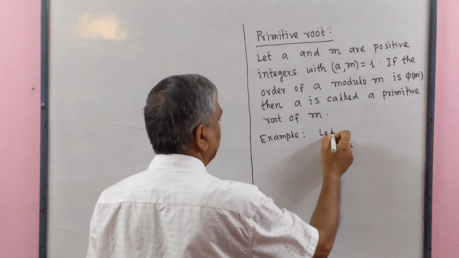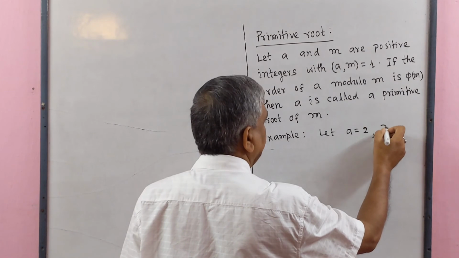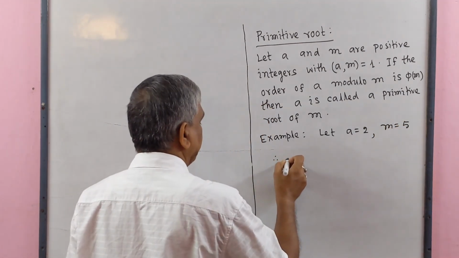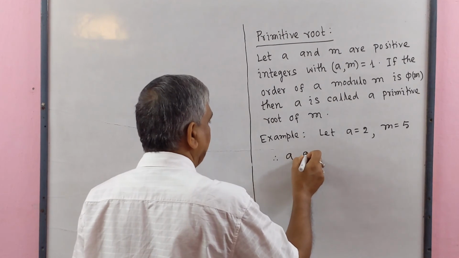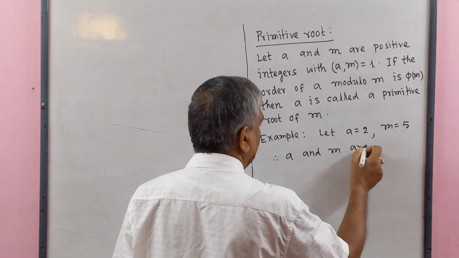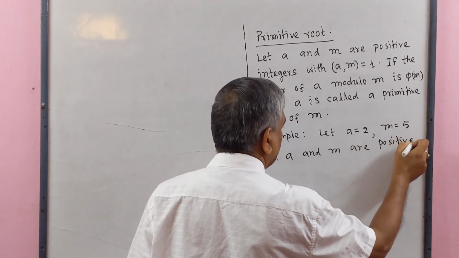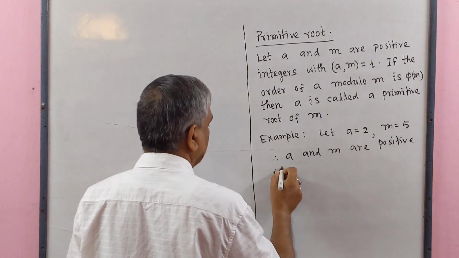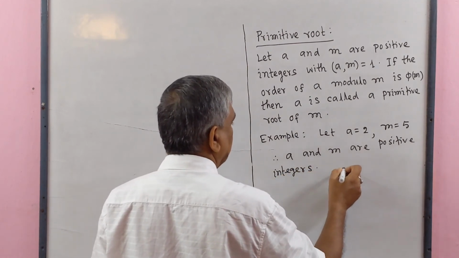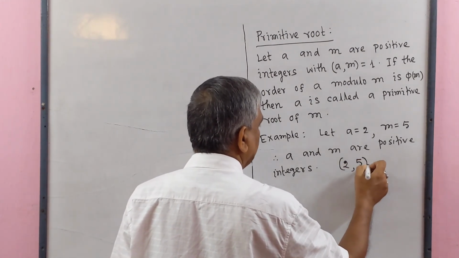Let a equal to 2, m equal to 5. Therefore a and m are positive integers. GCD of 2 and 5 equal to 1.